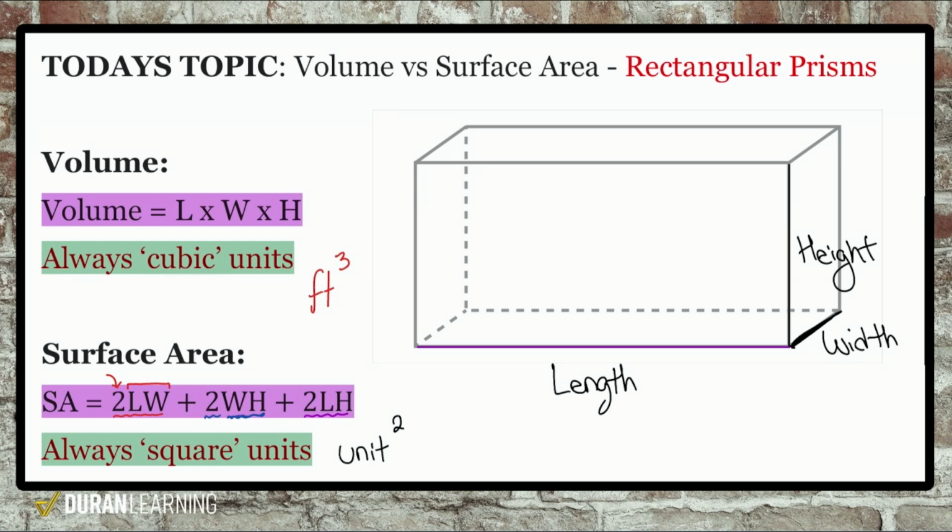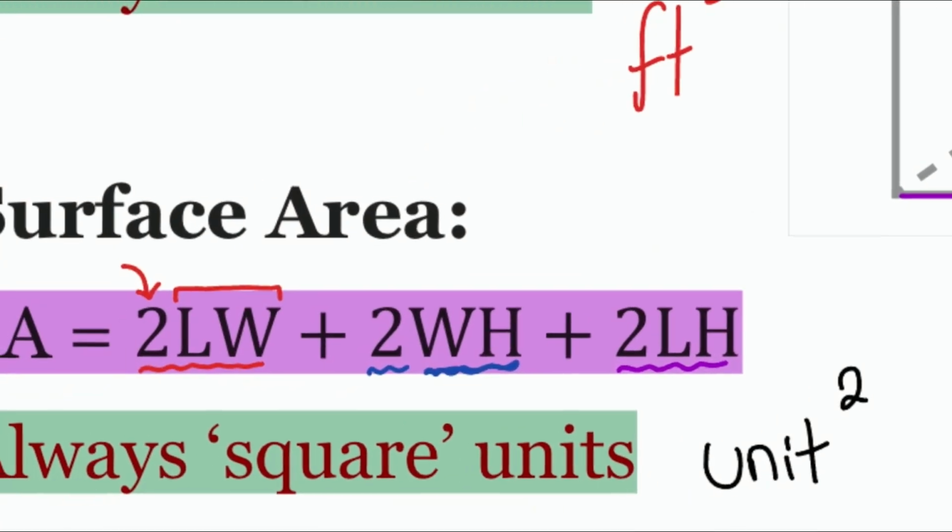So one more time, volume is cubic, area is square units. And just to look at the formula again, let me zoom on in, you'll notice that we're only multiplying 2 dimensions at any given time. We are never multiplying 3 dimensions together, it's just 2. So although, yes, 3 dimensions are present, they are not all being multiplied together at the same time.